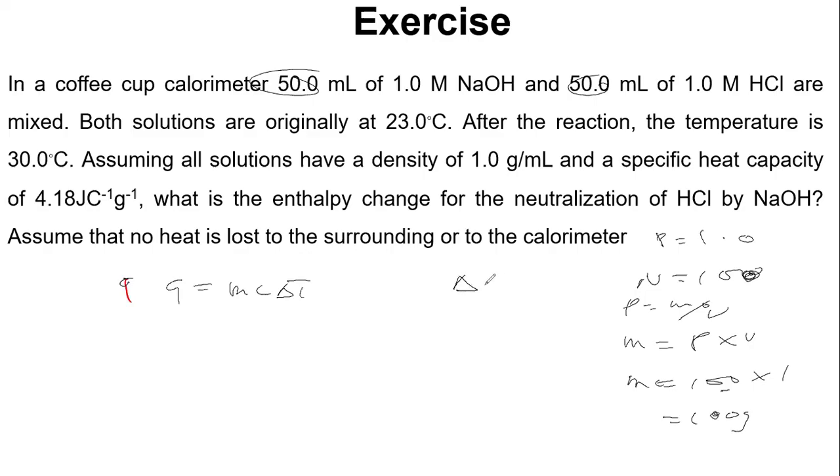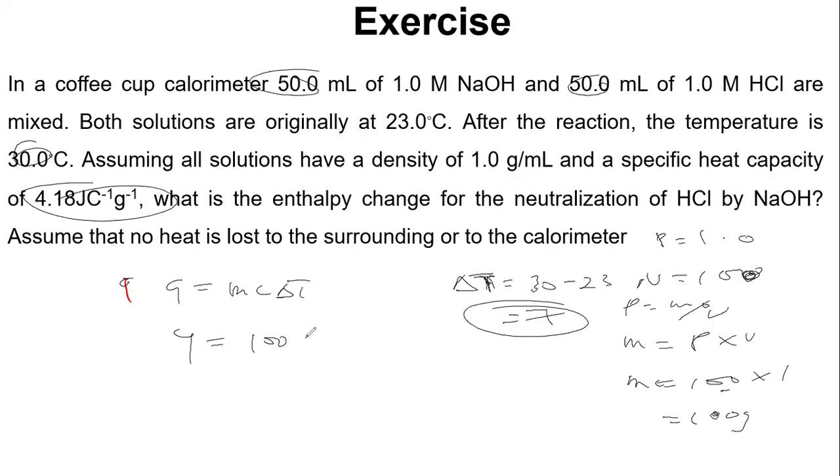Now, for the temperature change, we have the final temperature minus the initial temperature. The final temperature is 30 degrees. We have 30 minus the initial, which is 23. So that will give me 7 degrees Celsius. That's all. Now they have given us a specific heat capacity, so we can just calculate Q, which is the heat transferred.